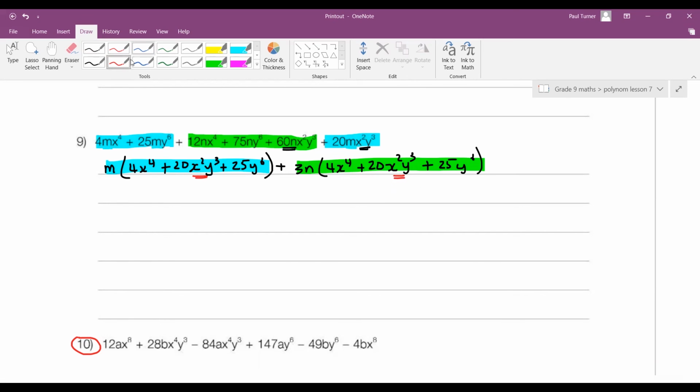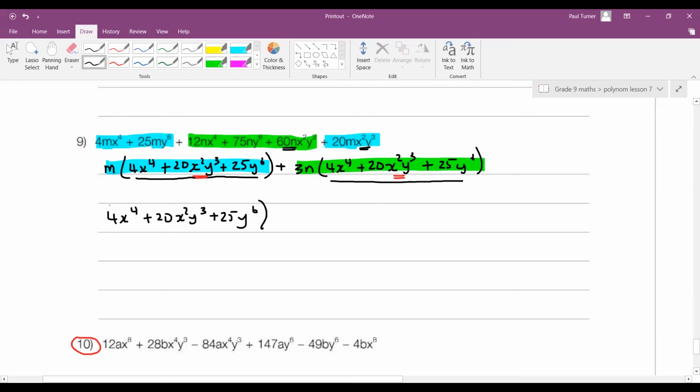But now you do notice that these are the same. 4x4, 20x squared y3 is the same as this one here. So this is your common factor. So let's factorize that out first. So 4x4 plus 20 x squared y3 plus 25 y6.